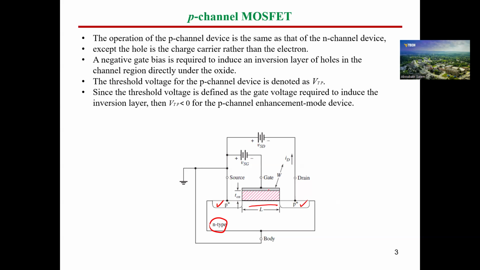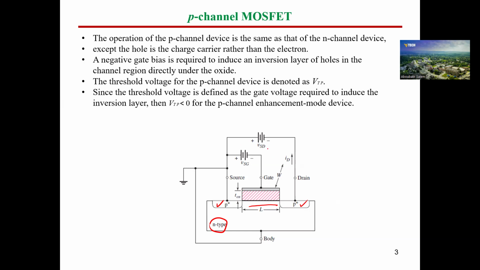And regarding the biasing of this type of semiconductor switch, VGS, the gate is going to be negative compared to the source, and for VDS, the drain is connected to negative and the source is connected to positive, so it's opposite to the N-channel one.